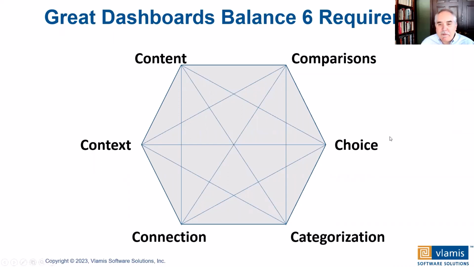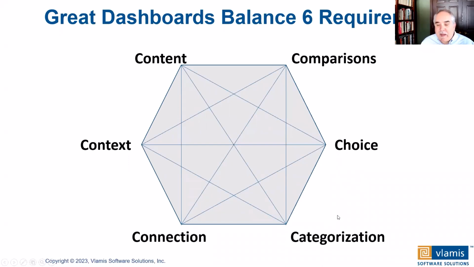Equally important is choice. So what we find is people that interact with dashboards tend to engage with them much more, tend to get a lot more value out of them. And so when they're able to make choices, particularly through filters and through drills and through hovers and things like that, that greatly raises their engagement level.